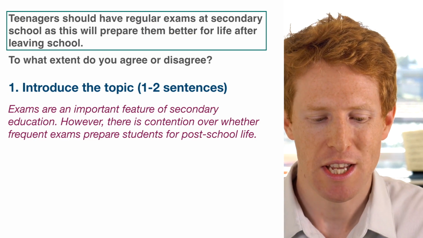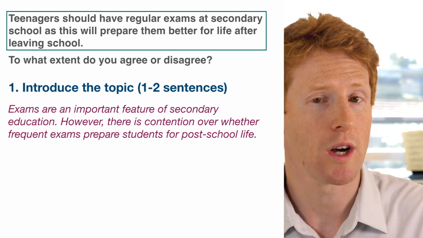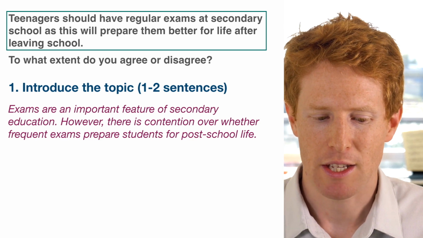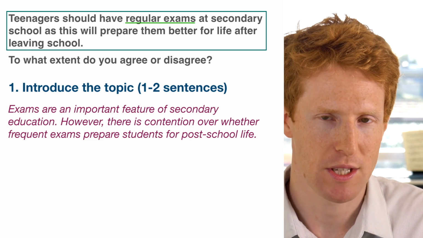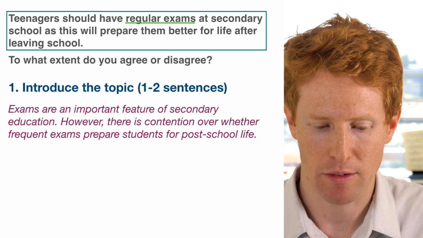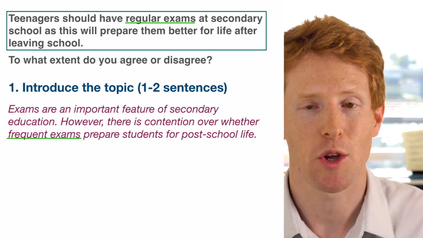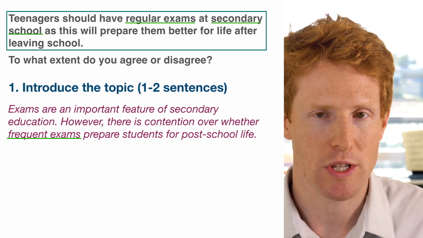Okay, now you'll see that we've used different words than those words that appear in the rubric. So for example, it says teenagers should have regular exams in the rubric, whereas in our introduction we have frequent exams. In the rubric, so the rubric is the statement of the question, we have secondary school.